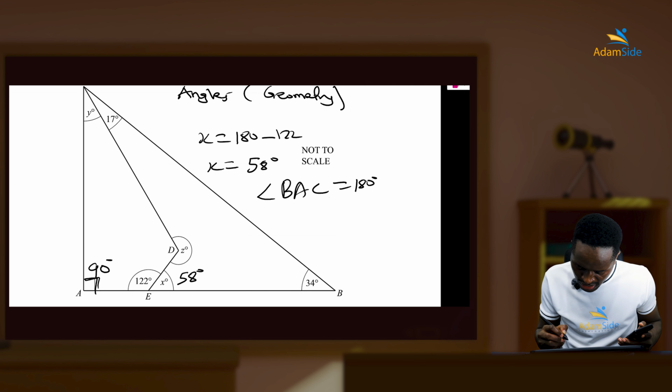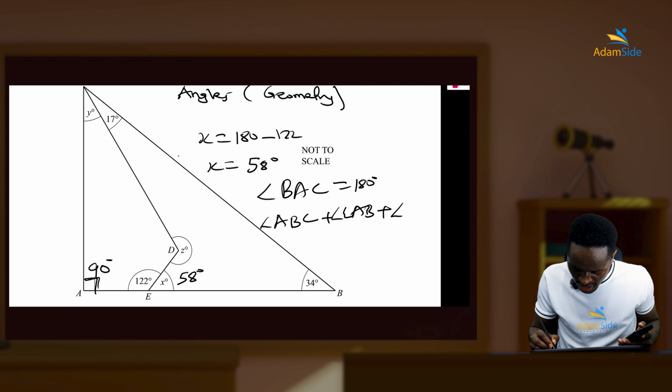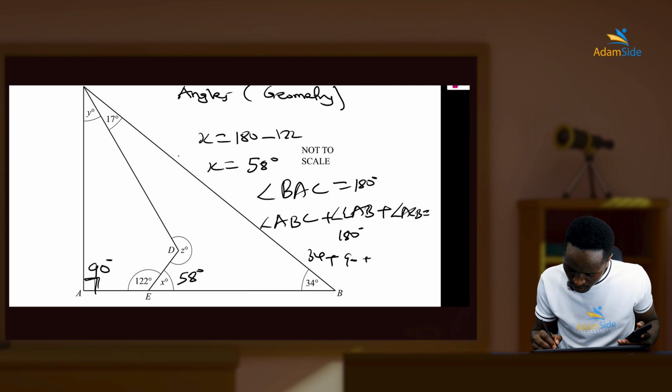So in that case, we have angle ABC plus angle CAB plus angle ACB should be equal to 180 degrees. So angle ABC is 34, angle CAB is 90, and angle C we don't know.